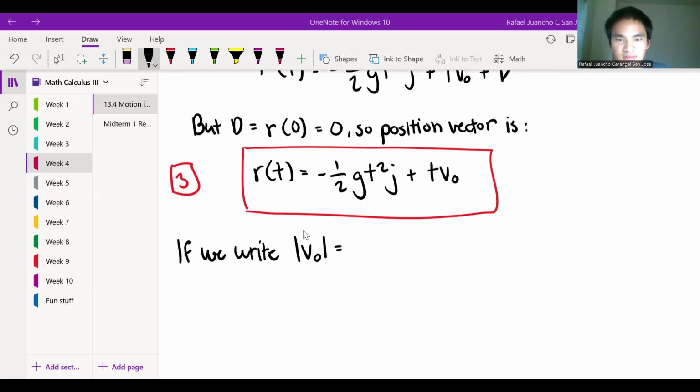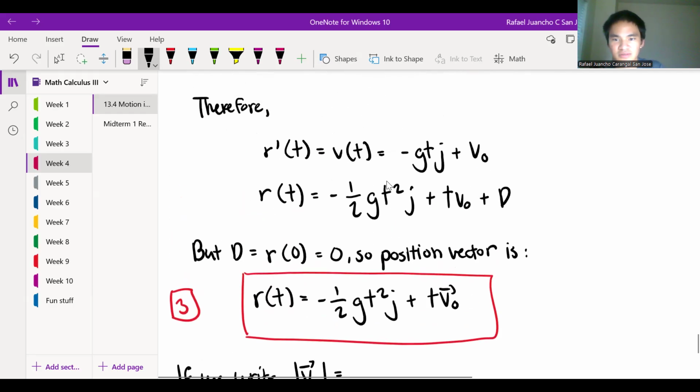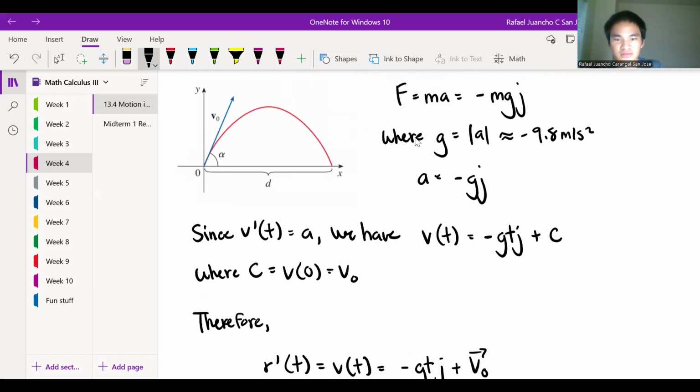What's this then? Means it's a vector. So here we say this is a vector, just to not be confused. Okay, let me edit. But this is a vector, right?